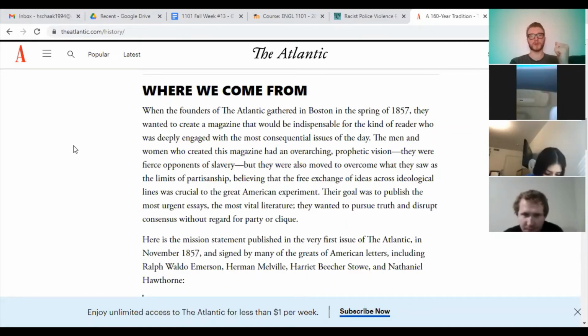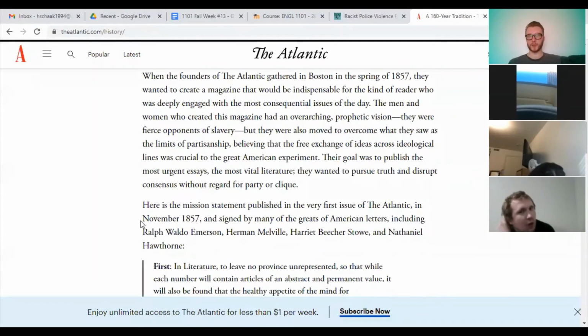They were fierce opponents of slavery, but they were also moved to overcome what they saw as the limits of partisanship, believing that free exchange of ideas across ideological lines was crucial to the American experiment. Back then, when they started, the people who signed on to the charter of the magazine were Ralph Waldo Emerson, Herman Melville, Harriet Beecher Stowe, and Nathaniel Hawthorne. Those are four of the ten most recognizable English writers ever.